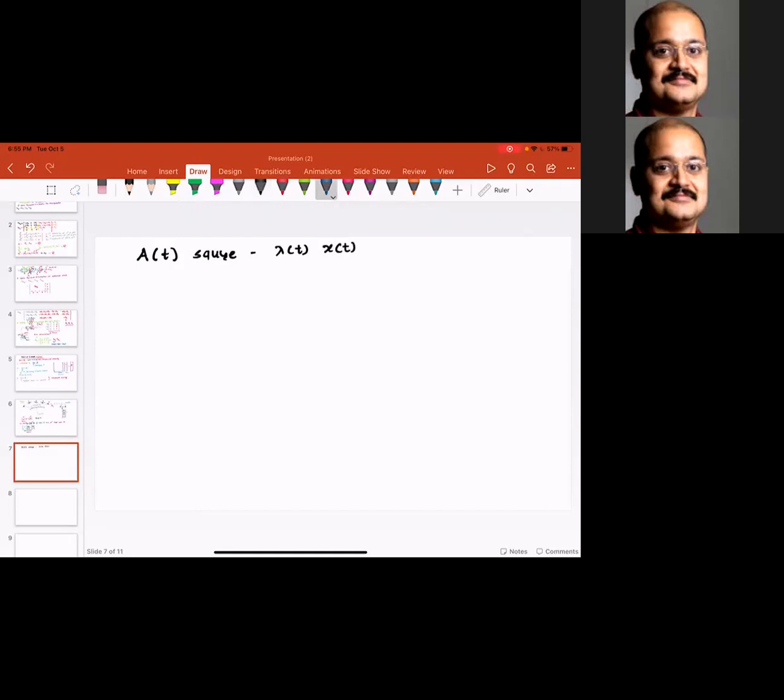So these are time varying eigenvalues, and you have eigenvectors. If your A of t is rectangular, then you are going to have singular values and singular vectors. And these will be dependent on time.